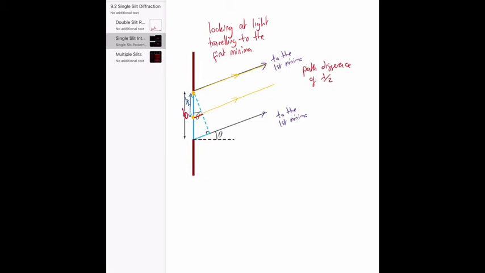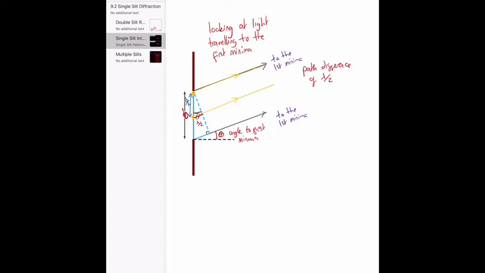That's the path difference we're talking about. That bit there in red is going to be the path difference. So using a bit of trigonometry, this theta here, that's the angle to the first minima. And using a bit of geometry, you can prove that that's the same as that one there.